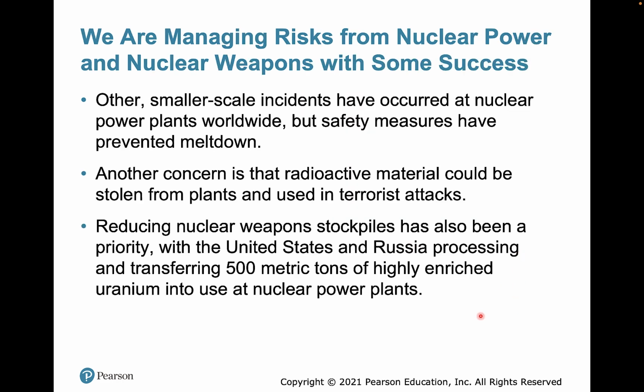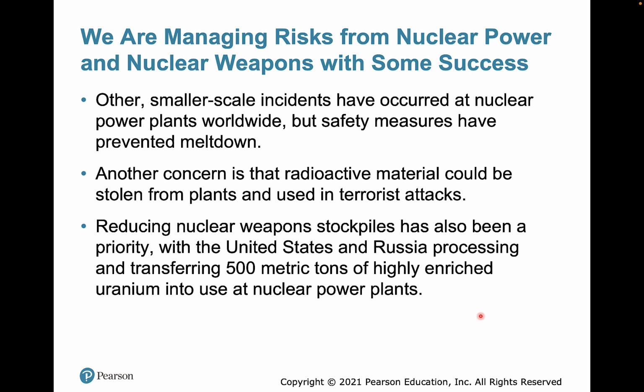There have been smaller scale incidents that don't make the news because safety measures have prevented meltdowns from happening. Another big concern with nuclear power is that radioactive material, the spent fuel rods, once they can no longer generate electricity, are used for fission, they're still radioactive.